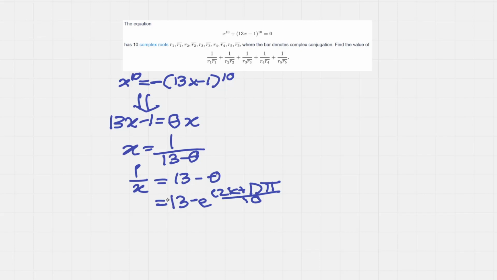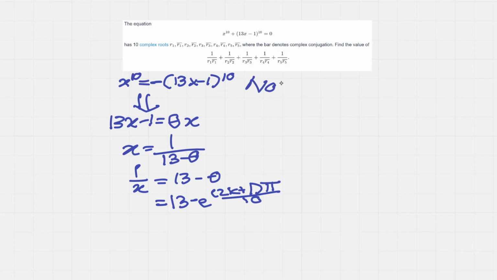And now we're really close to what we want, because you just want the products of these solutions times the conjugate, right? So 13 minus e to the (2k plus 1) pi over 10 multiplied by 13 minus the associated conjugate solution.